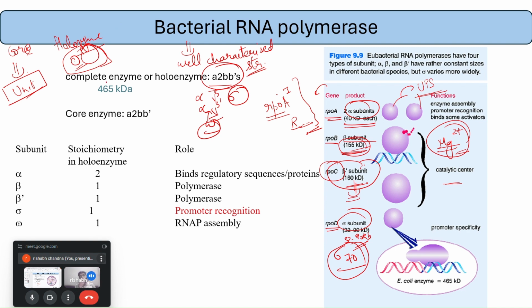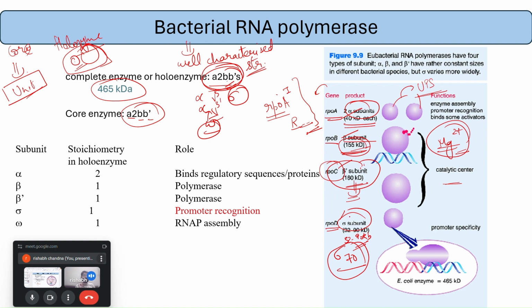Okay, so the core enzyme is only 2 alpha subunits, beta and beta prime, and the holoenzyme is 2 alpha, beta, beta prime, and the sigma subunit. The total molecular weight is around 465 kilodalton.